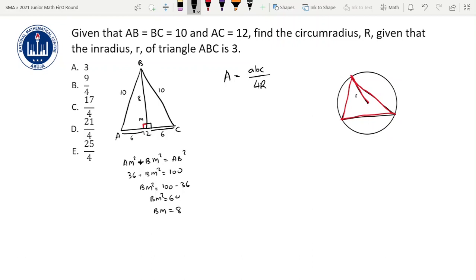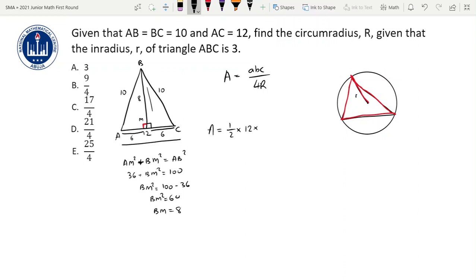Since we know BM and we know the length AC, we can find the area of this triangle ABC. Let me use A for the area. The area A of this triangle is equal to half of the product of the base and the height. We know that AC, the base here, is 12, times the perpendicular to that base, which is 8.